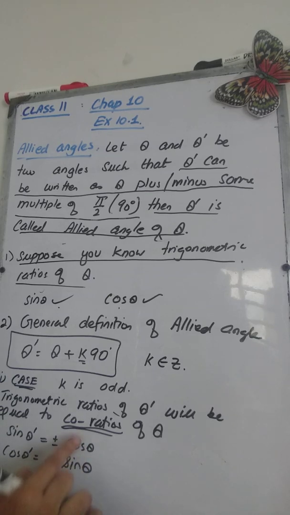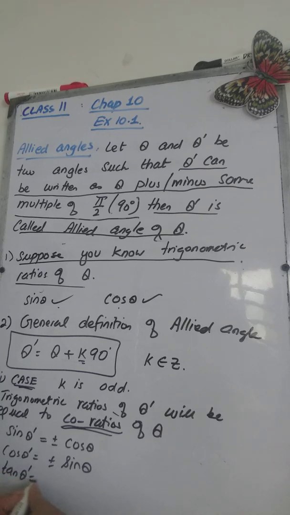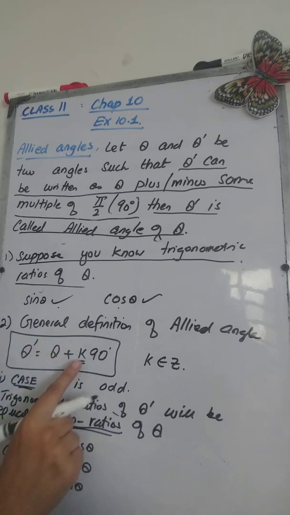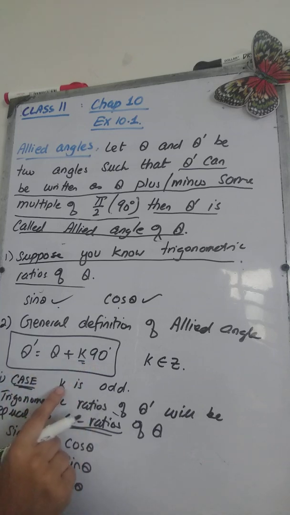If you know the trigonometric ratios of theta, you can find those of theta dash. Similarly, tan theta dash will be equal to plus or minus cot theta. So if theta dash is an allied angle written in this form and k is odd, you can find the trigonometric ratios of theta dash from those of theta.